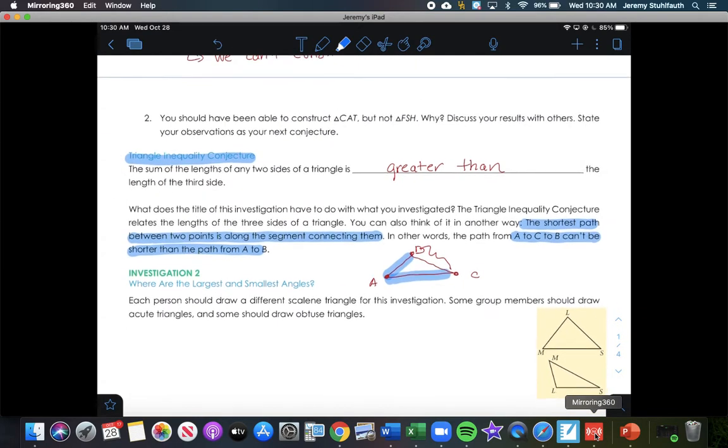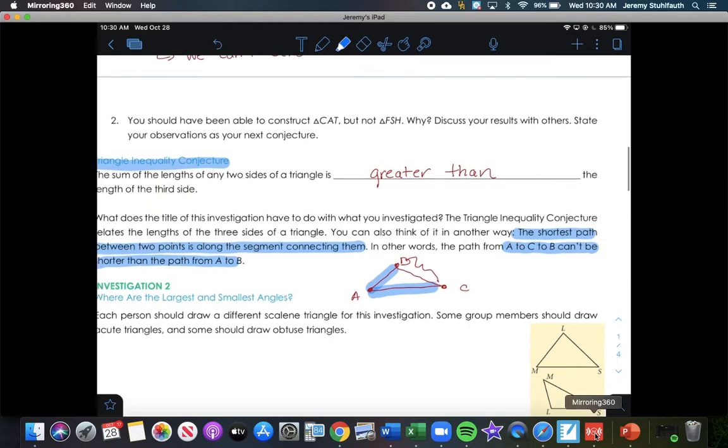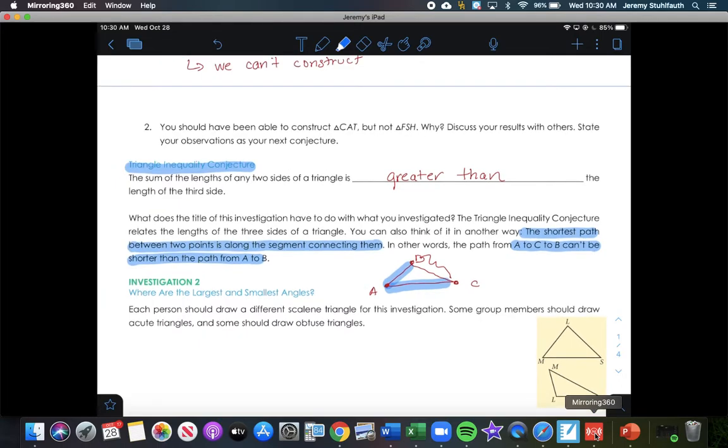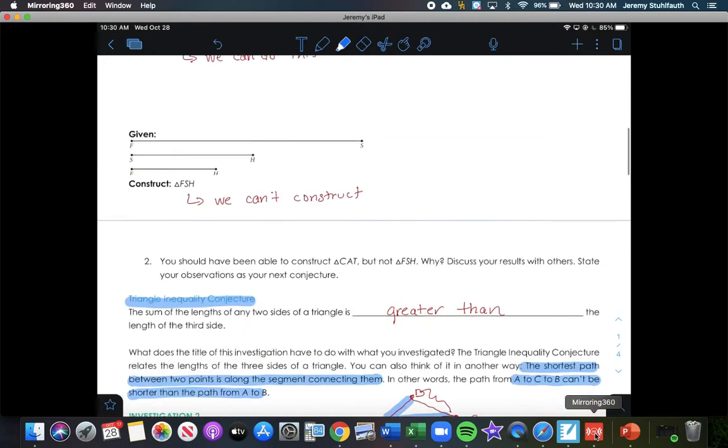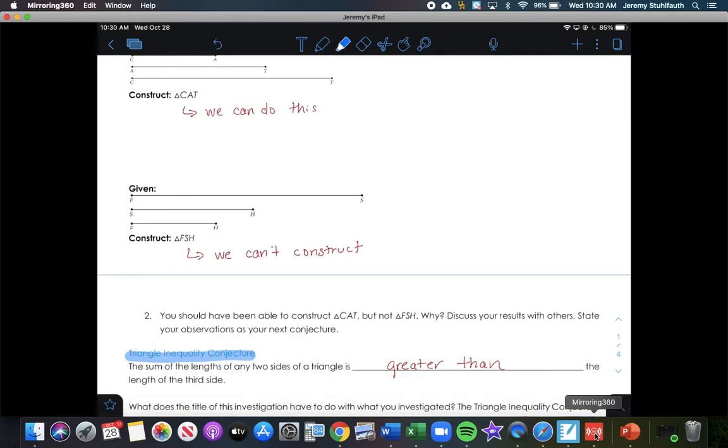So again, the triangle inequality conjecture states that if you take the lengths of any two sides of a triangle and add them together, they have to be greater than the third side. In this case, if we had distances here, you might have something like 11, 5, and 4. Okay?